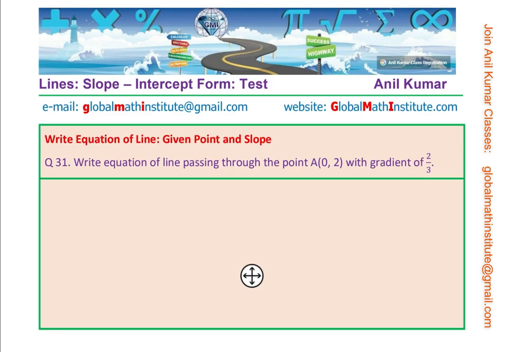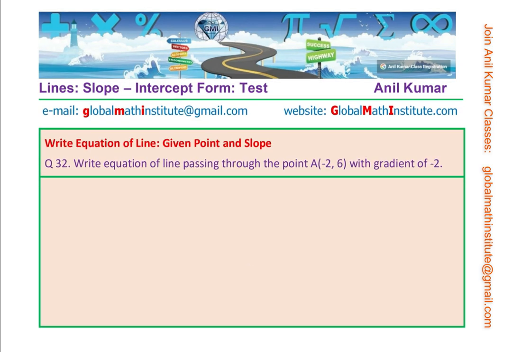Then question number 31. Write equation of line passing through the point A, 0, 2 with the gradient 2 over 3. So these are kind of word problems, right? So we are given slope and the point. Question 32. So a given point and the slope, you need to find the equation of the line, right?